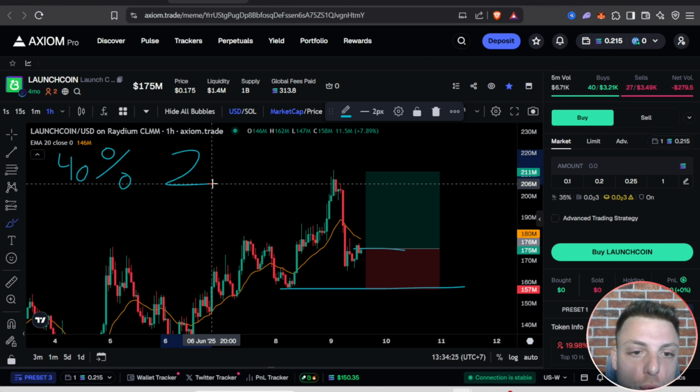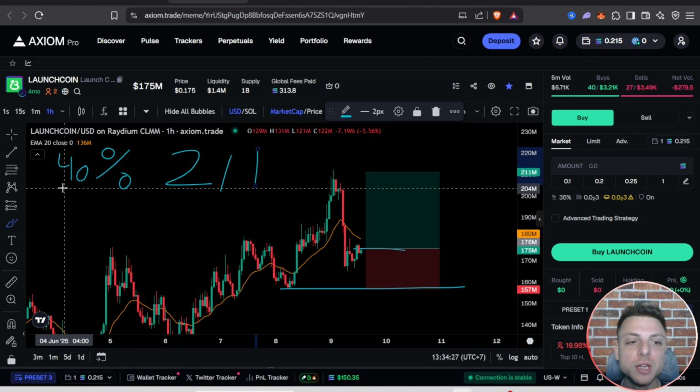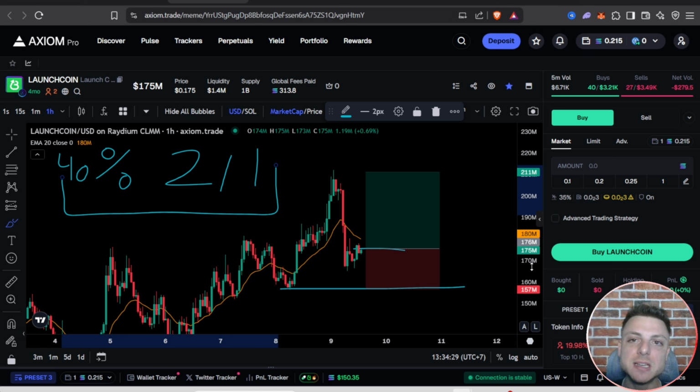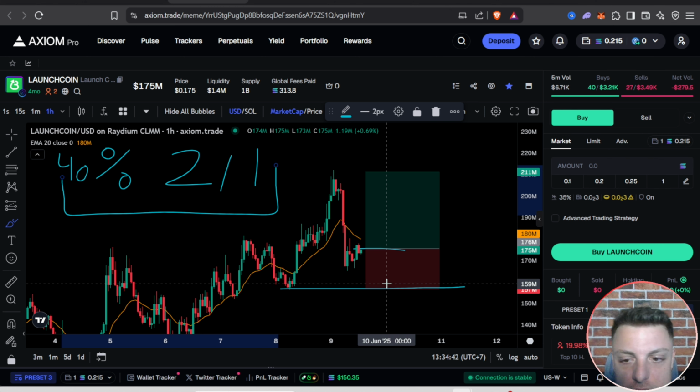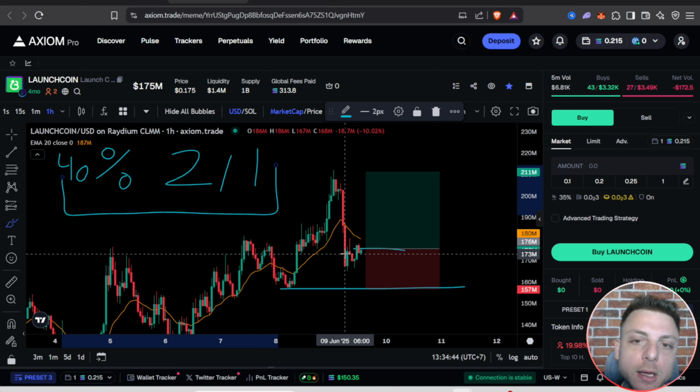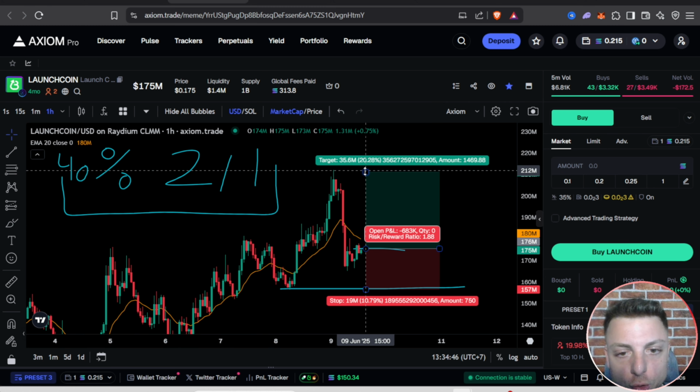But with a 2 to 1 risk to reward, this is a positive trader's equation, meaning that I can take this trade thousands of times, and over the long run, I'll have a consistently profitable trading strategy. So I'm able to take this trade knowing that I can at least structure for a 2 to 1.